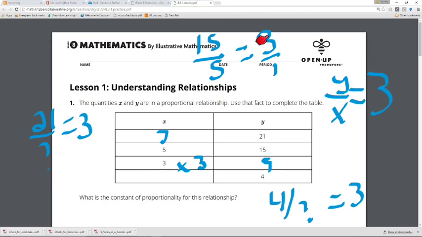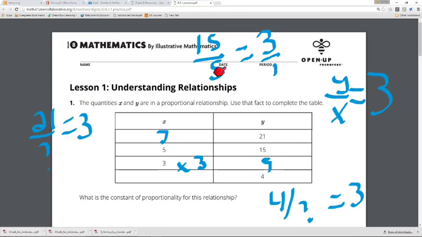Now that 3 is this same 3 right here. I put it over 1 because I'm setting up a proportion. 15 over 5, this fraction, is equal to this fraction, 3 over 1. How do I know that? Because 15 divided by 5 is 3, and 3 divided by 1 is 3.